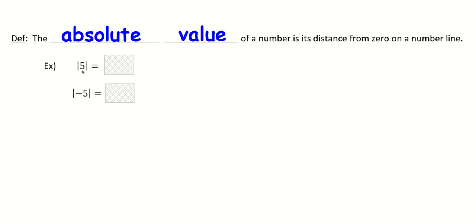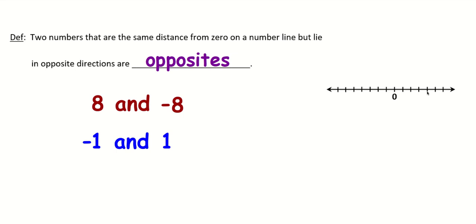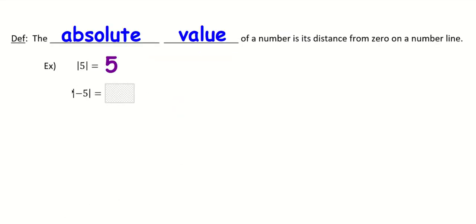So what is the absolute value of 5? Do you know that it's just 5? Because how far away from 0 is 5 on a number line, right? 1, 2, 3, 4, 5. But what's the absolute value of negative 5? How far away from 0 is negative 5? It's also 5.